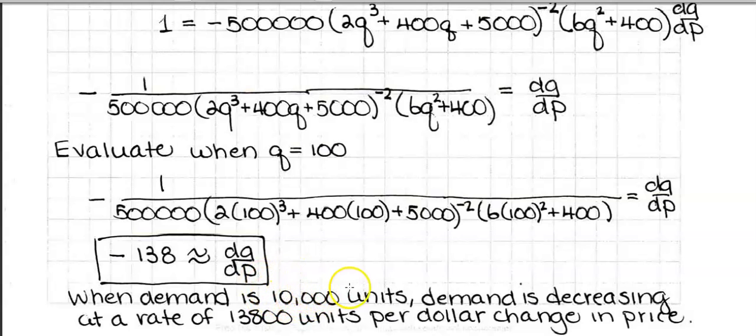So when demand was 10,000 units, demand is decreasing at a rate of 13,800 units per dollar change in price. That means every time the price goes up $1, you wind up with your demand decreasing by 13,800 units. Again, 13,800 is just this number, 138, multiplied by 100, because that's the units of our demand. And again, the negative sign tells you that your demand is decreasing.